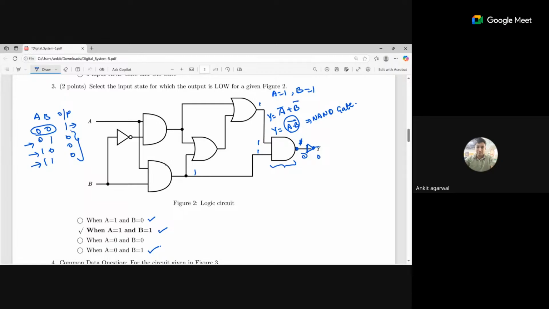If these two are 1, so that means B is 1 and A is also 1. And if this is 1, we are getting either 0 1 or 1 0.